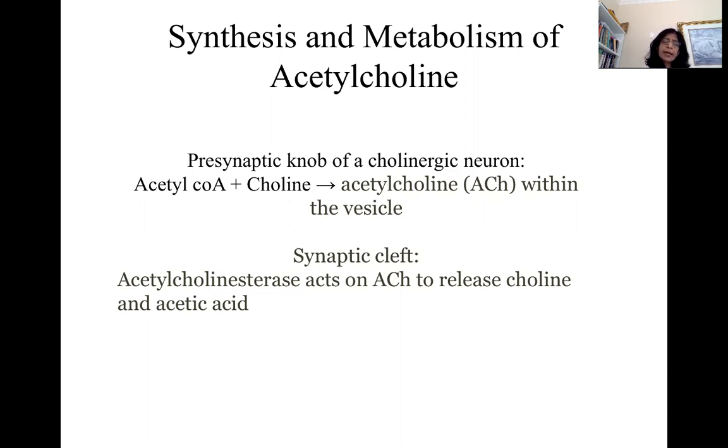So then there are drugs used to target acetylcholine esterase function so that you can manipulate the presence or absence of acetylcholine, and then therefore you can control muscle action appropriately.